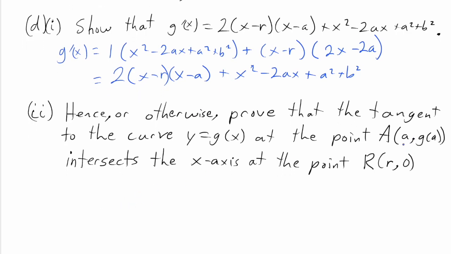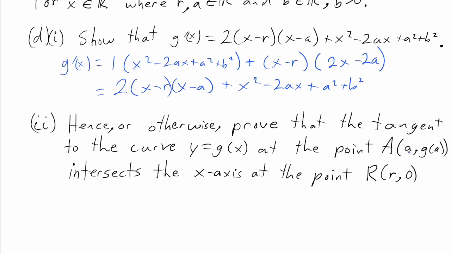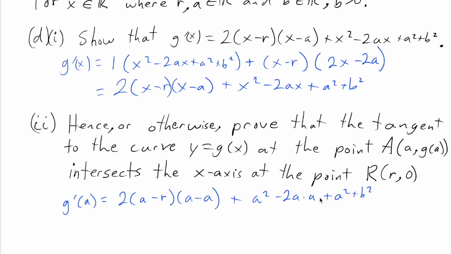We plug in the a value here into g prime of x to get the slope of the tangent at that point, right? So g prime of a equals 2a minus r, and this is a minus a, so that will become 0, and then we have, that's not x anymore, it's a squared minus 2a times a plus a squared plus b squared.